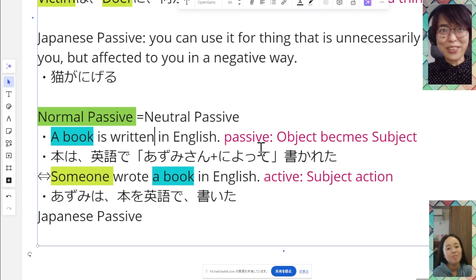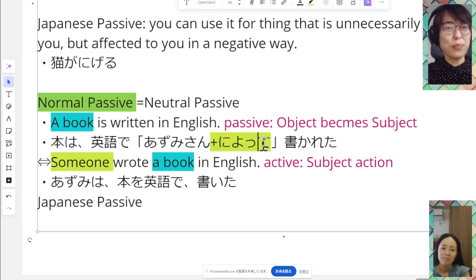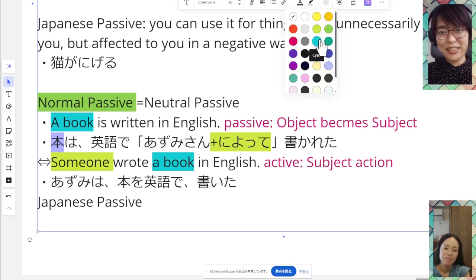You use によって。If you want to specify the conductor of the action, you still can do so using によって。But it's not an obligation. You can omit it because you are now focusing on the book. The book is the center of the sentence.